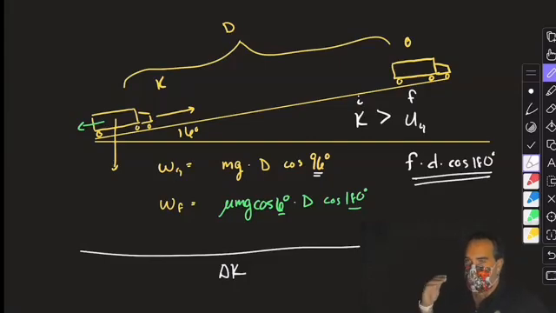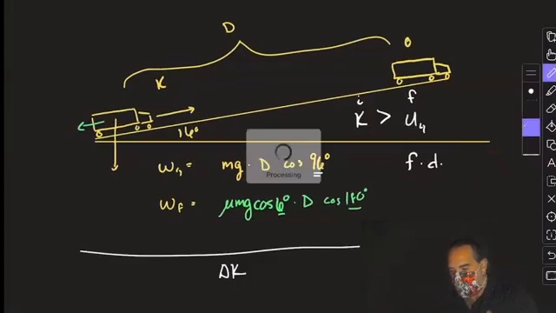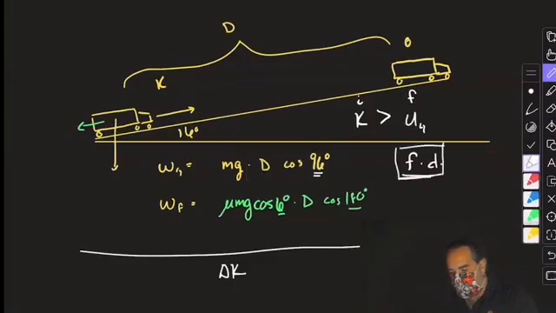If we start off under that premise, then we can skip this part and just consider work as a quantity. How much energy left the system in the form of friction? And then how we deal with that is to ensure that the kinetic energy is greater than the gravitational potential energy.